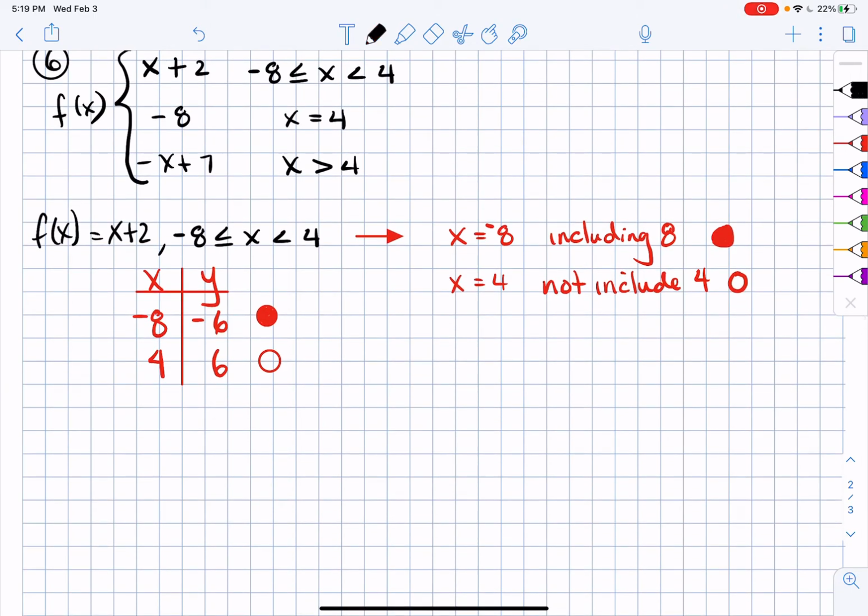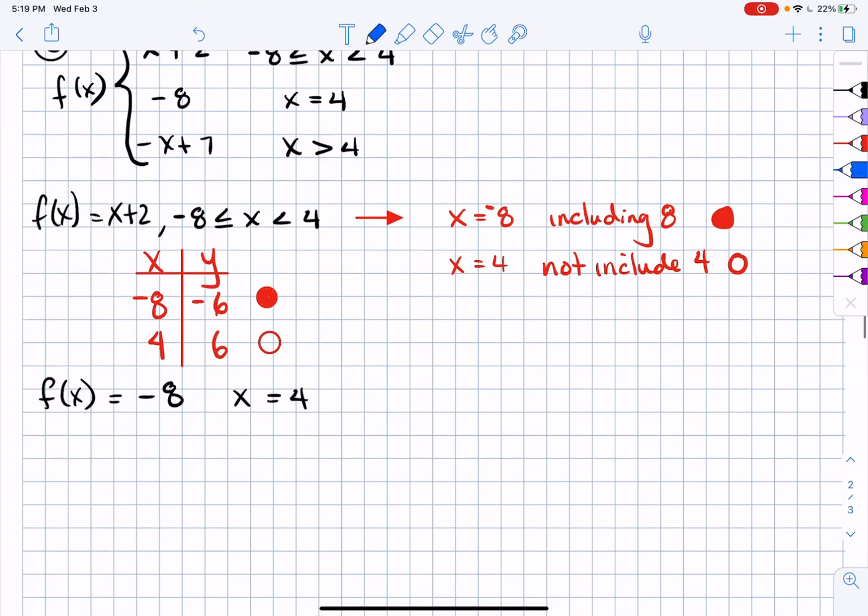Now I'm going to look at f of x is equal to negative 8 when x is equal to 4. Okay? So what does that tell me? That tells me that y is equal to negative 8, x is equal to 4. So I have a point 4 comma negative 8, and this is going to be a closed circle.